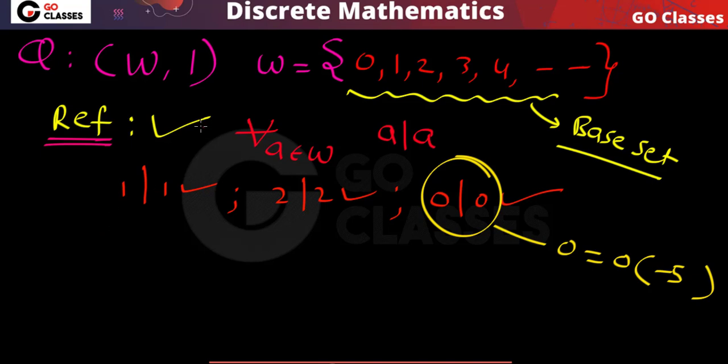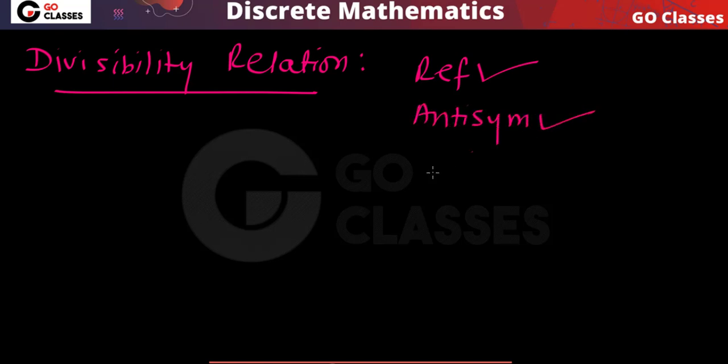So this is the reason I told you that this divisibility relation is always reflexive, always antisymmetric, and always transitive.